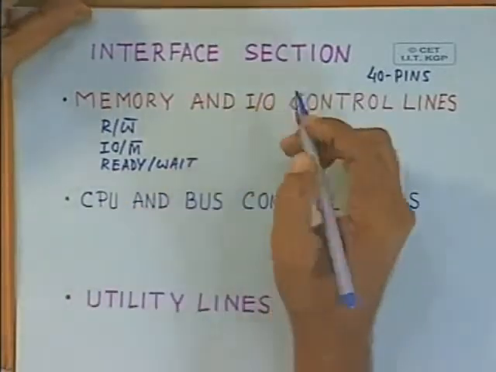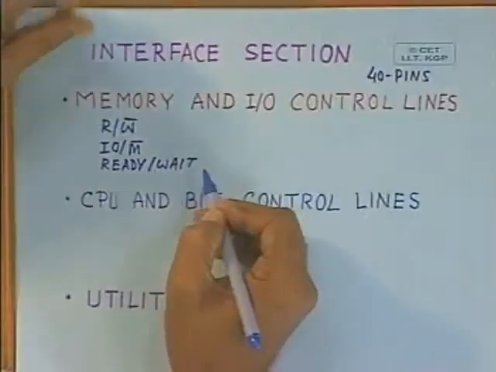Later on, when we shall discuss memory interfacing, you will see that there may exist incompatibility between the speed of the CPU, the microprocessor, and the memory devices, but they should work in a synchronous manner. Whenever the CPU is reading some data from the memory, it should read correct data.